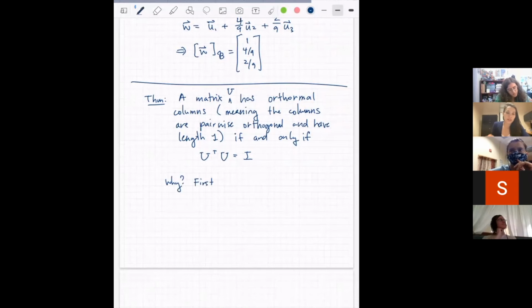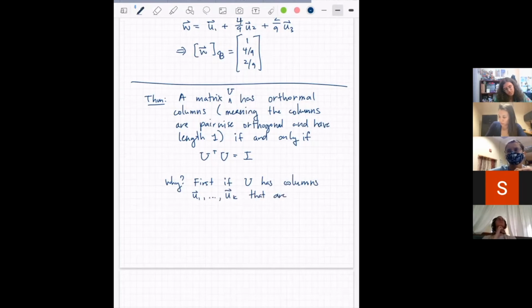First, if you have that your matrix has columns U1 up to UK that are orthonormal, what this means is that if you take UI dotted with itself, that is just the norm of UI squared, and if it has length 1, that's just equal to 1, right?